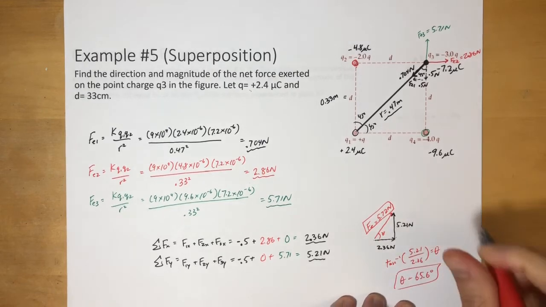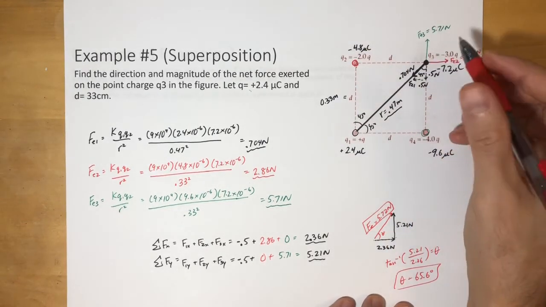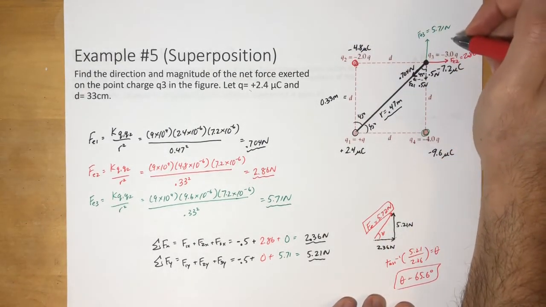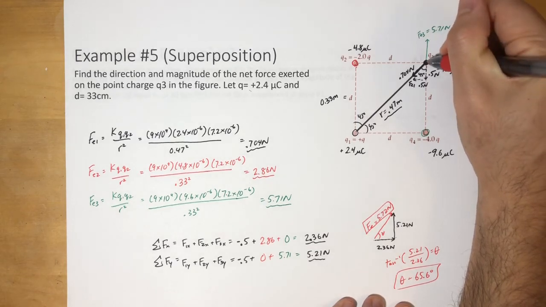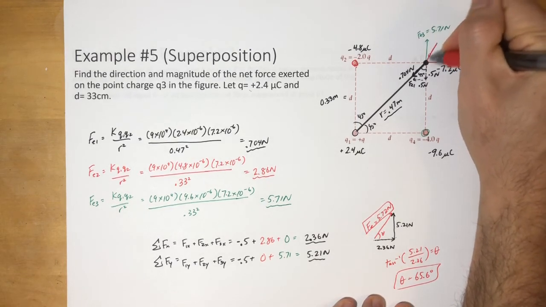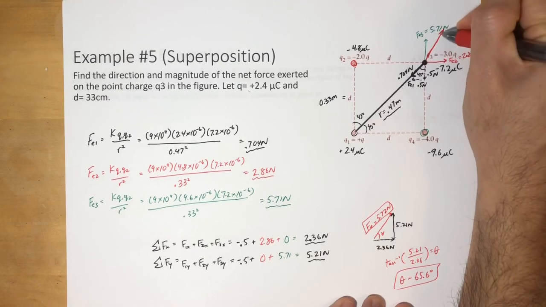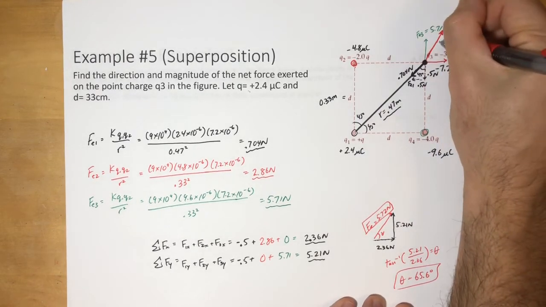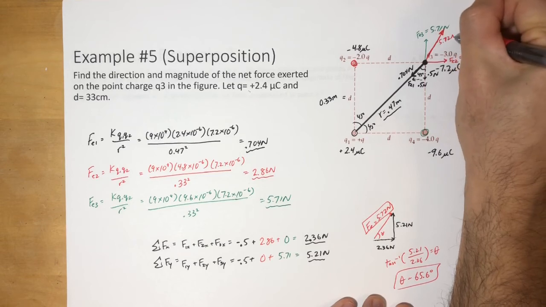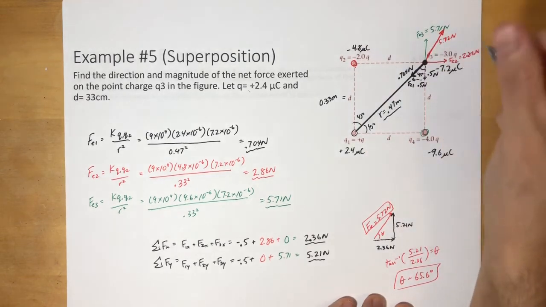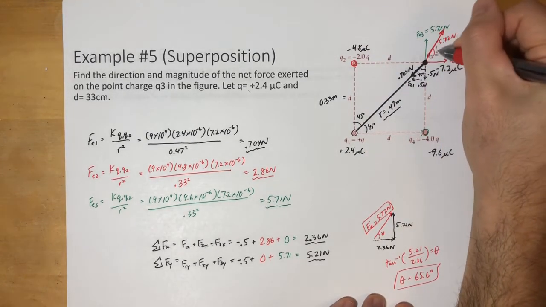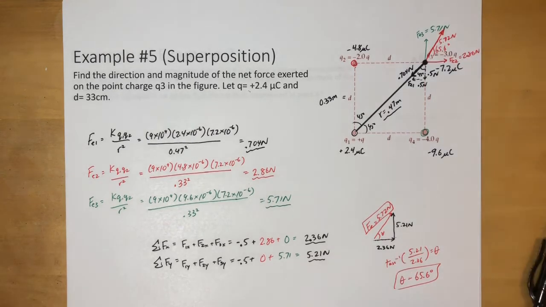And what this is saying is when all of these are acting on this one, it's going to go in a relative direction of somewhere like this. Somewhere like that, with the force of 5.72 newtons. Okay, so when all of these are acting, it's going to go that way, 5.72 newtons. It's going to go 65.6 degrees, 5.72 newtons.